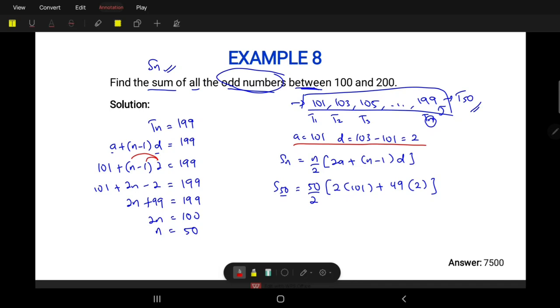Then you can solve 50 divided by 2, you will get 25. 101 times 2, you will get 202. 49 times 2, you will get 98. Tambah kedua-dua ni, 202 plus 98 times 25. You will get 7,500. So, this is the answer.